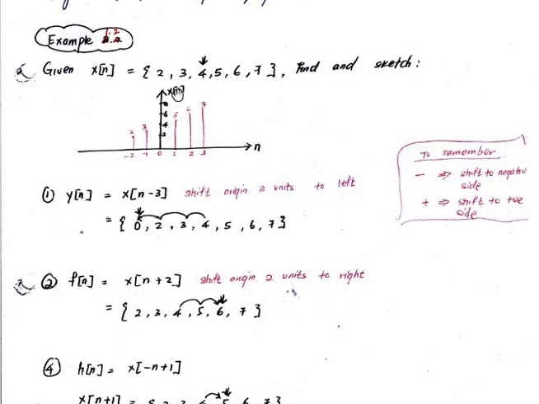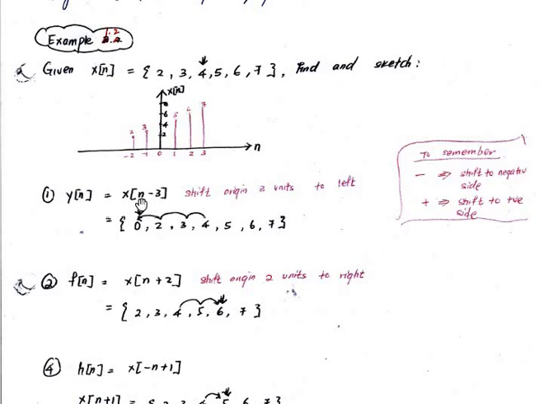If you sketch the graph, it will look like this: 2, 3, 4, with 4 at n equals 0, then 5, 6, 7. All these are the amplitudes, and the marker shows where the origin is. The origin is at 4.